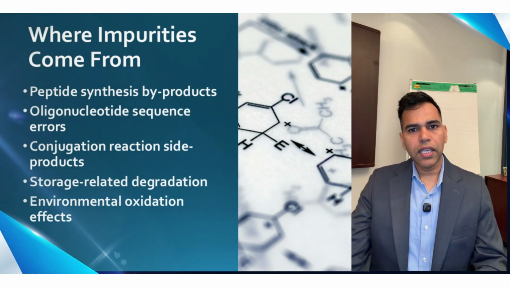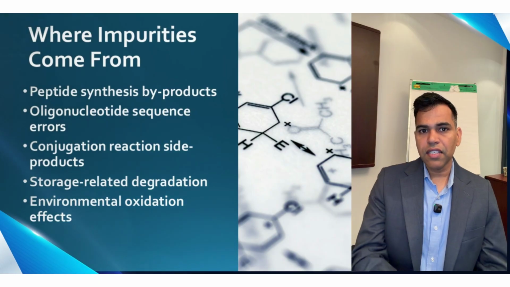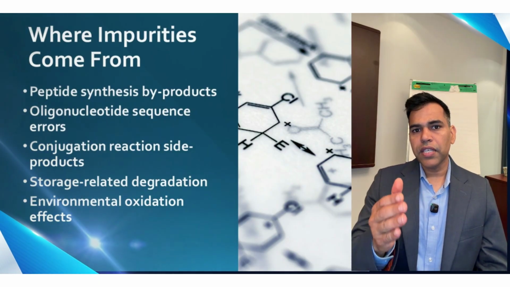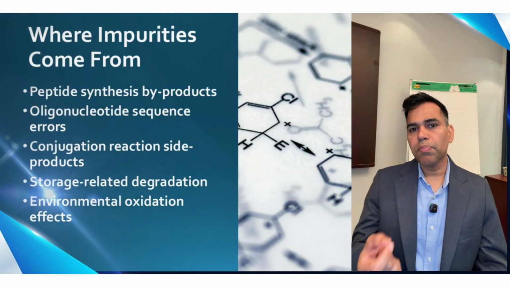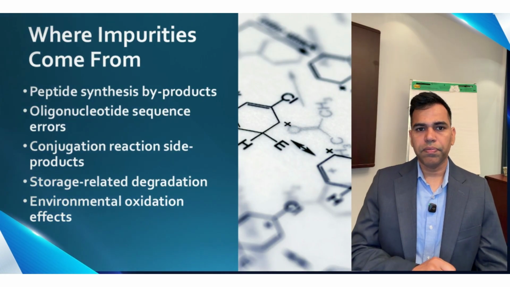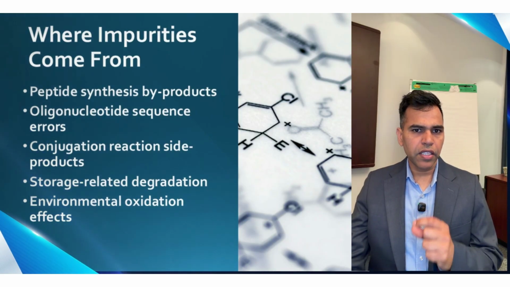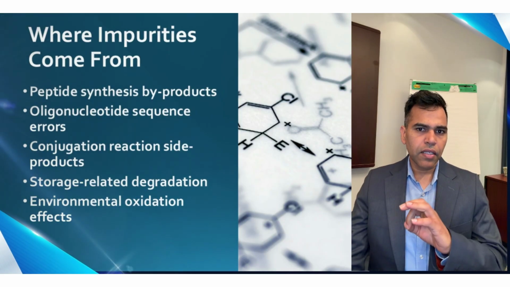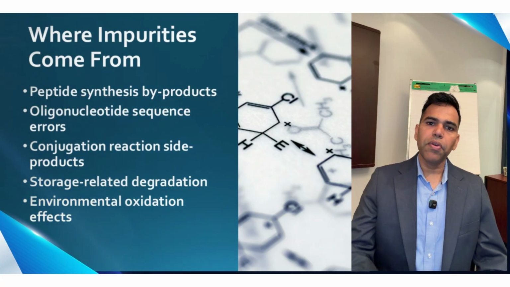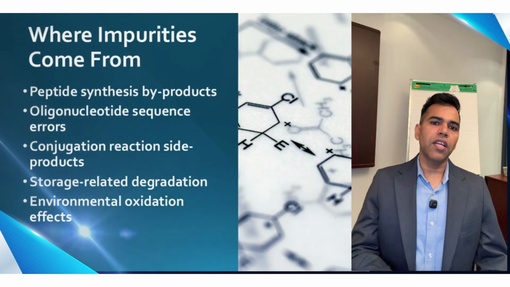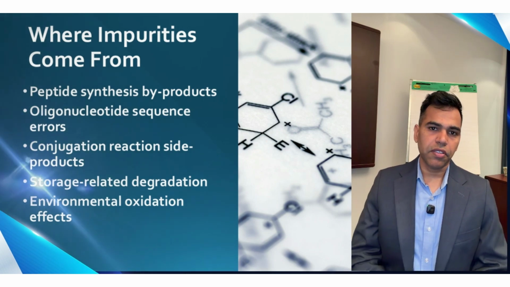Then the conjugation chemistry introduces a third layer: side products from the linker reactions, incomplete coupling events, and competitive reactions at unprotected functional groups. Storage and environmental oxidation complete the picture. By the time of your IND enabling studies, the impurity profile can be considerably more complex than the synthesis team anticipated.